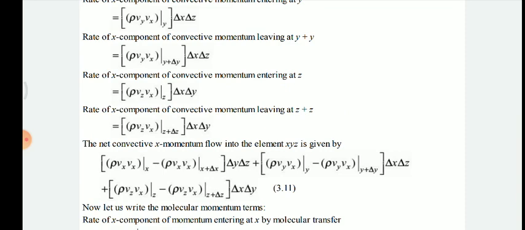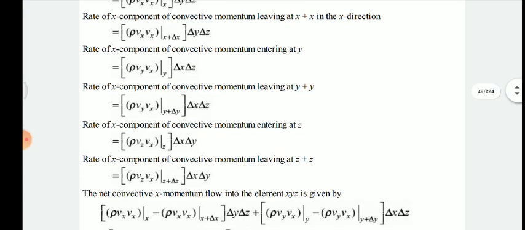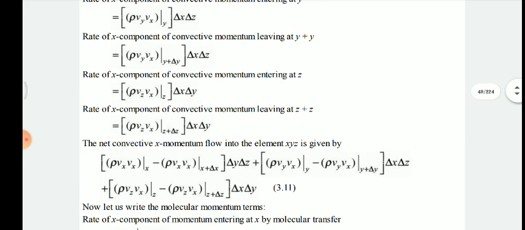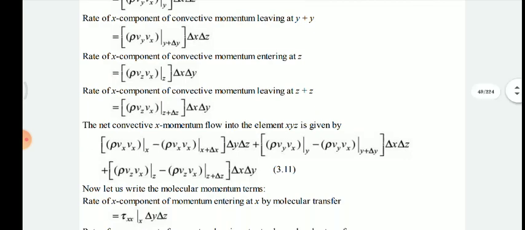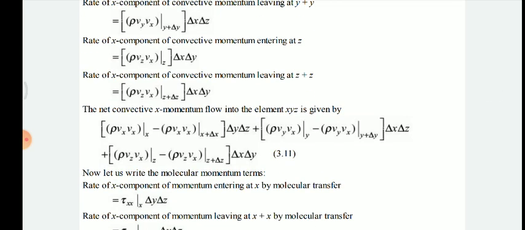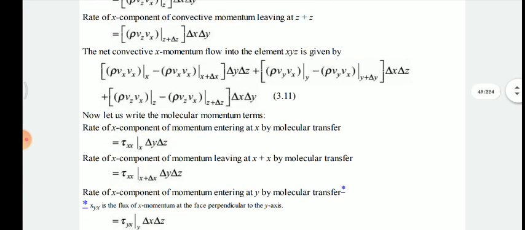So in માટે rho vx at x minus rho vx at x plus delta x. બરાબર, બંનેમાં ડેલ્ટા વાય અને ડેલ્ટા ઝેડ કોમન છે. બરાબર, ફર્સ્ટ ટર્મની અંદર તો કોમન. સિમિલર ફોર વાય માટે, તો વાય માટે કરીએ છીએ તો શું આવશે? એના સિવાયના કોર્ડિનેટ્સ ડેલ્ટા એક્સ અને ડેલ્ટા વાય. બરાબર. So at the end of the convective transfer, we find the equation number 3.11.